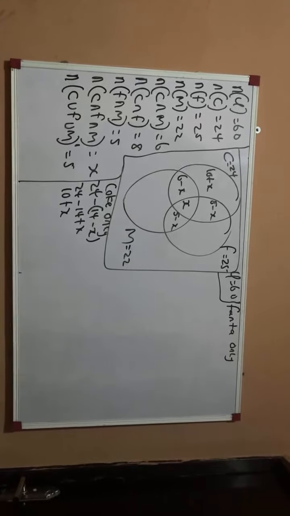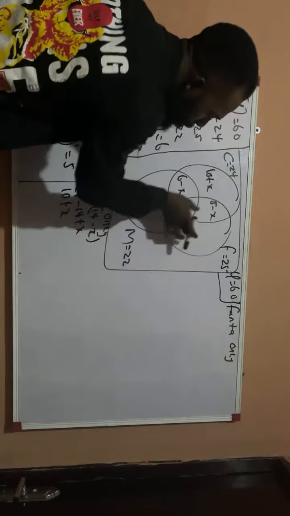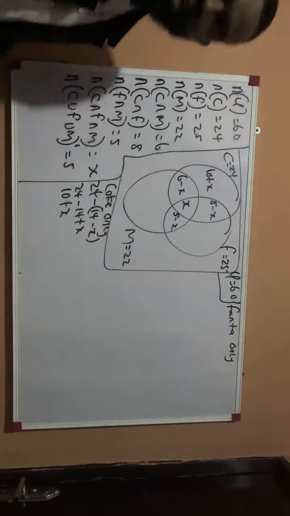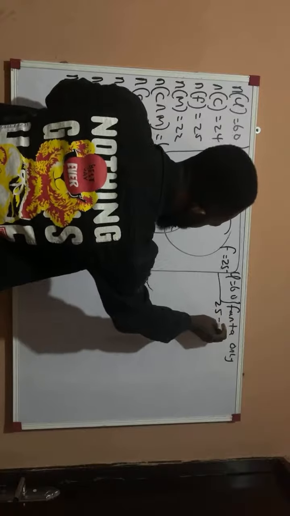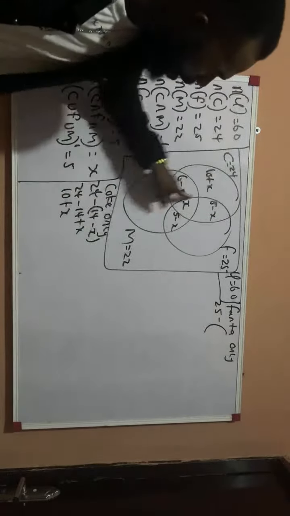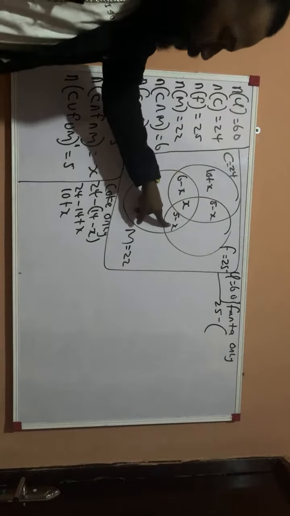Now, Fanta only is the total number of persons that drank Fanta minus what is in the circle of Fanta. So here it becomes 25 minus, and what we have inside the circle of Fanta is 8 minus x, x and 5 minus x.